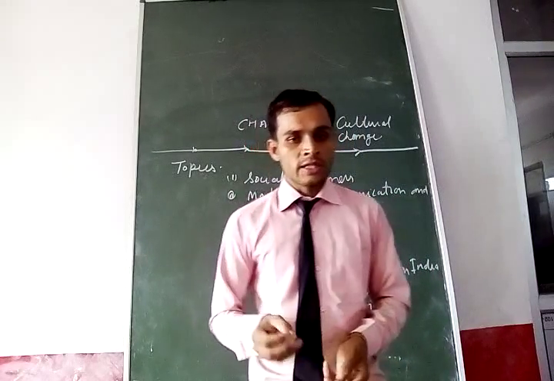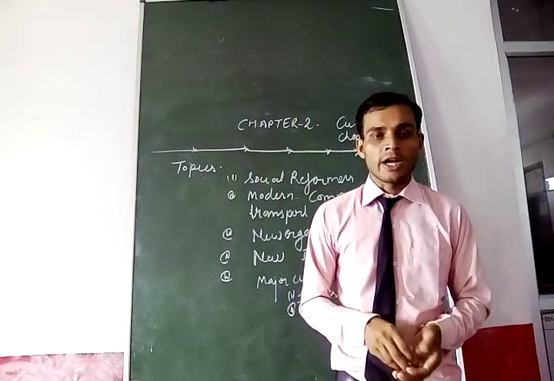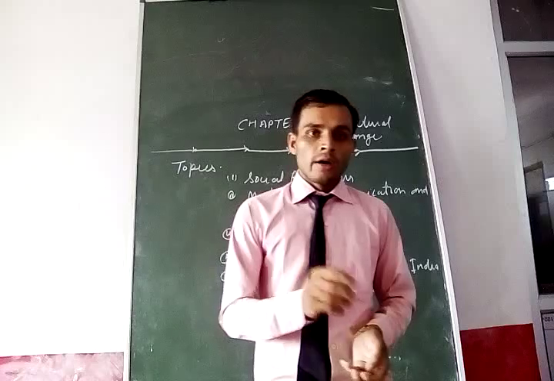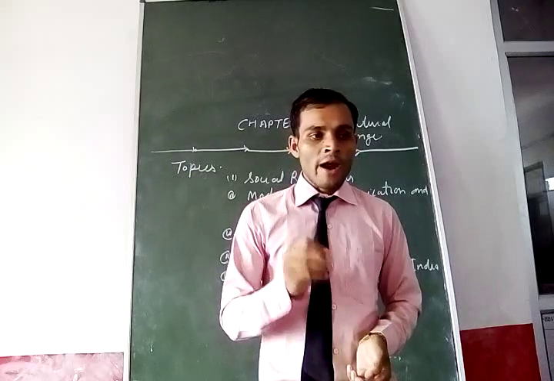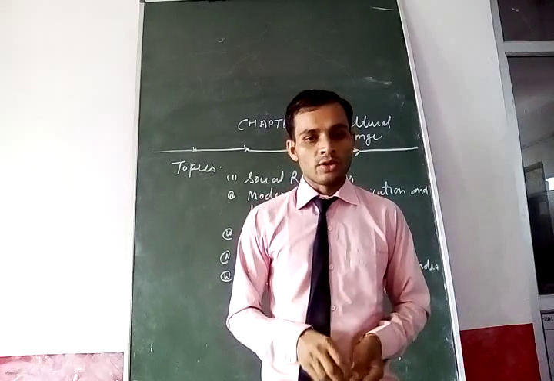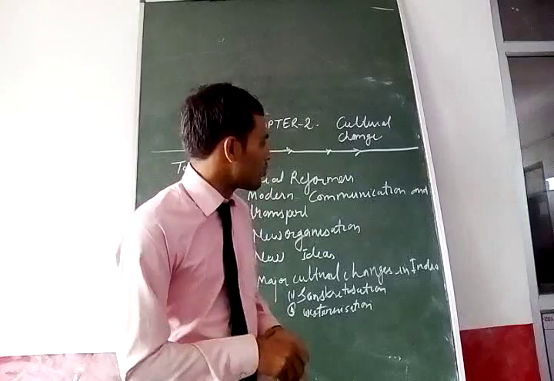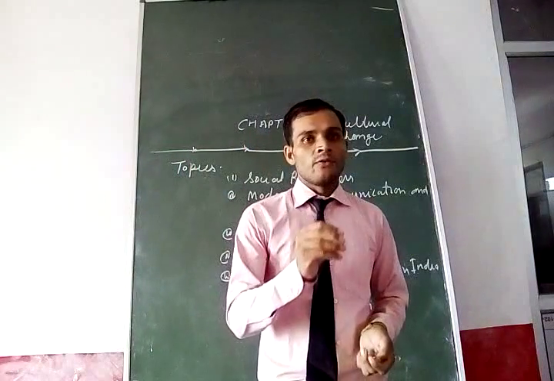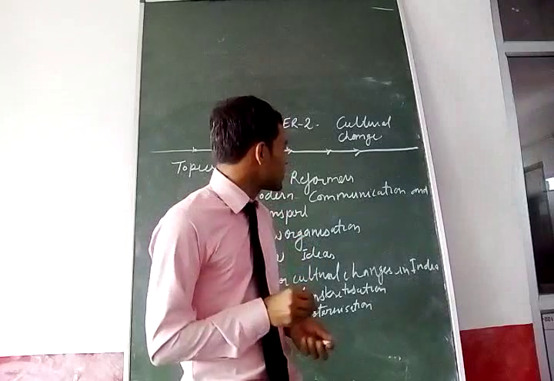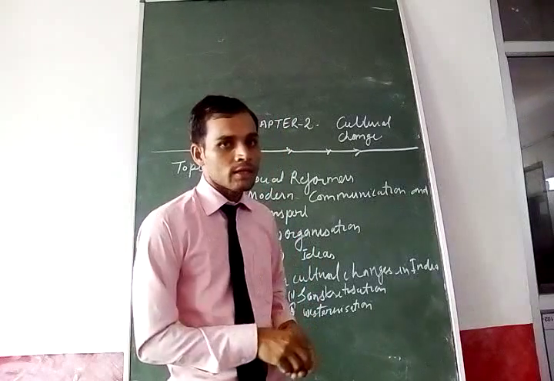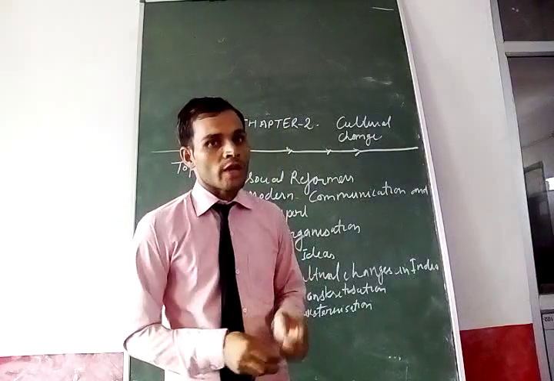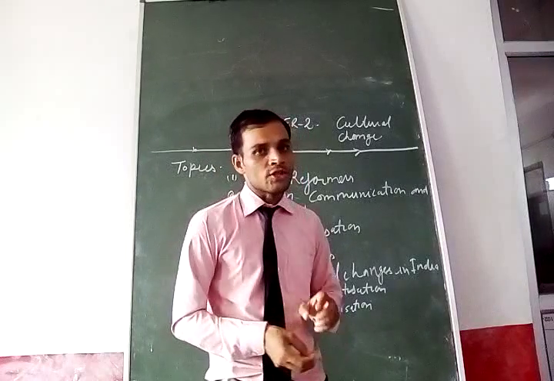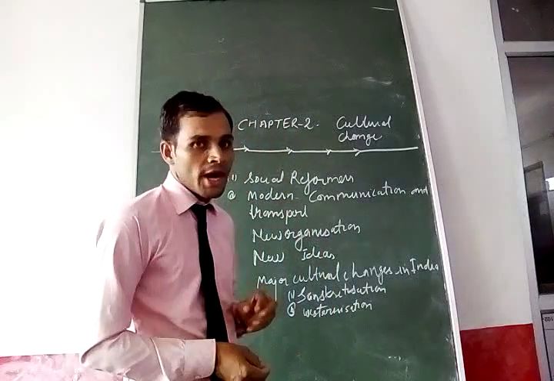So my dear students, during the change of society, what were the aspects and reasons, what was implemented and why? I am telling you. Here is the discussion about the social reformers. They wanted to prepare one stream for the society, because society had many contradictions and contestations for some reasons.